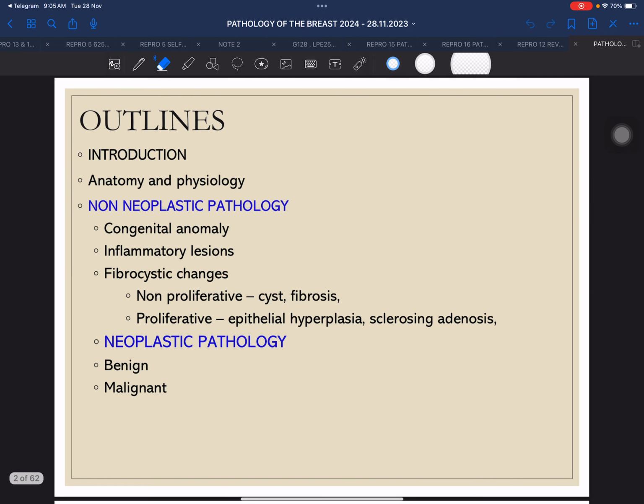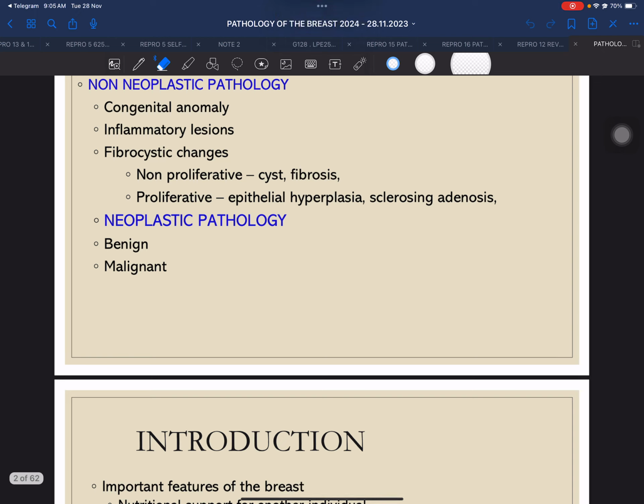The non-neoplastic pathology ranges from congenital anomalies and inflammatory conditions to so-called fibrocystic changes, now divided into non-proliferative and proliferative changes, and also the neoplastic pathology, which can occur in the breast, benign and malignant.